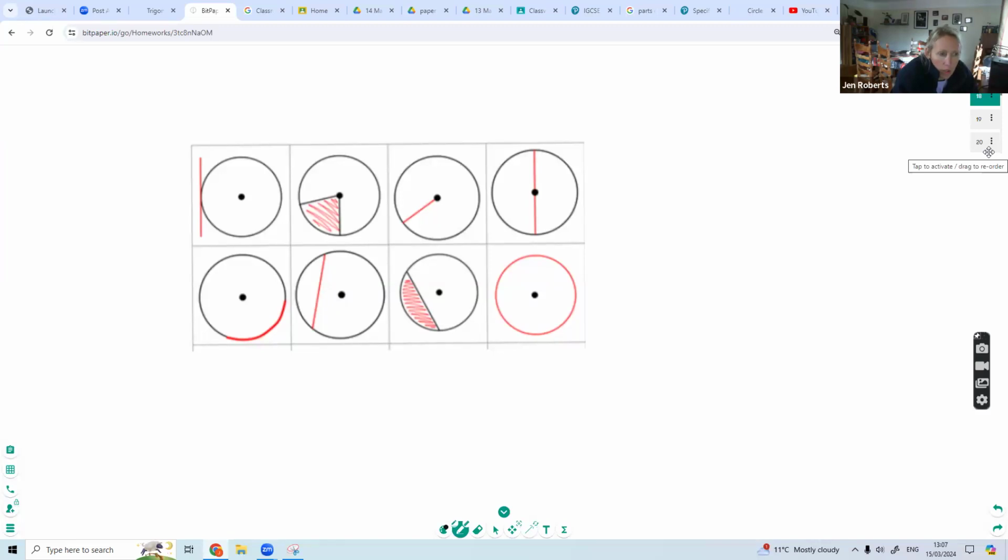Okay, I'm going to start going through the answers now. For the first one, you should have got this one is a tangent. This one here is the sector. Radius.